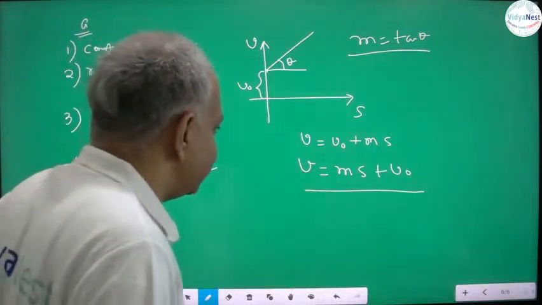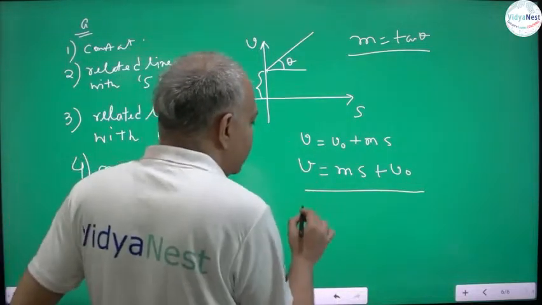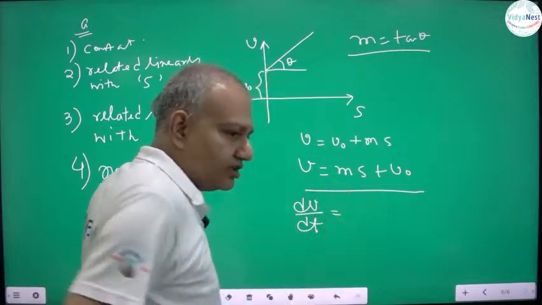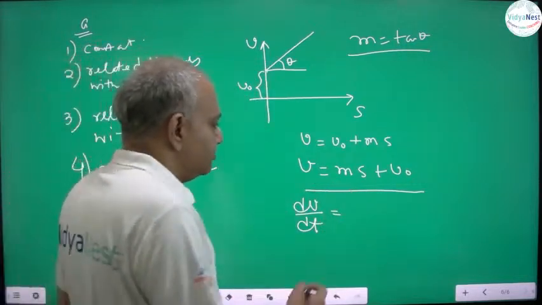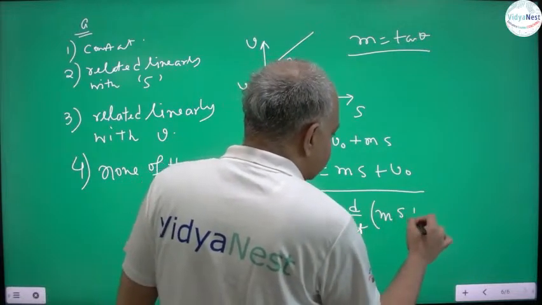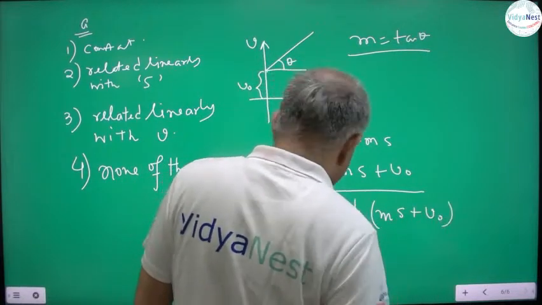So simple thing, if I'm going to find the acceleration, we are going to differentiate this way, dv/dt, the rate of change of velocity. So d/dt of (m into s plus v naught).